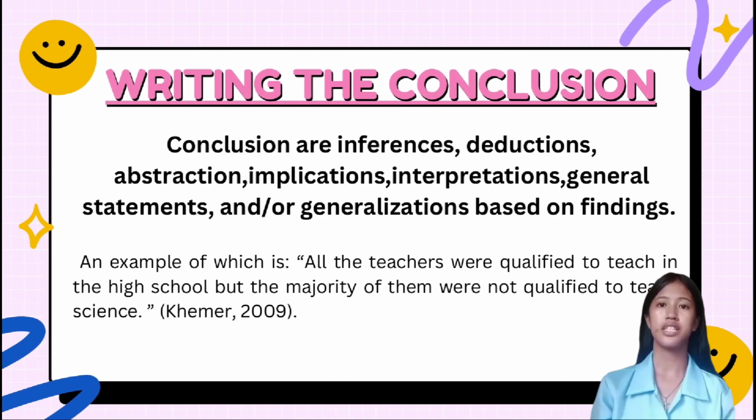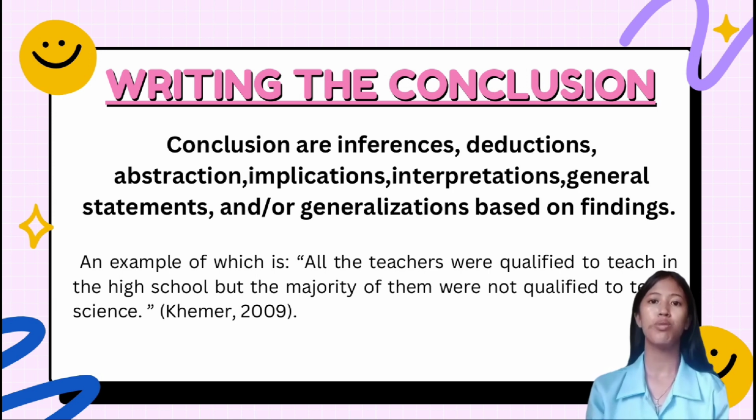So the next is writing the conclusion. Conclusions are inferences, deductions, abstractions, implications, interpretations, general statements, or generalizations based on findings. In writing a conclusion, do not introduce new information; instead, your conclusion will restate your main points and provide closure.